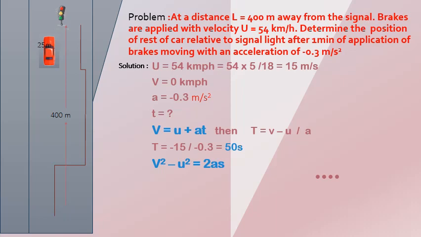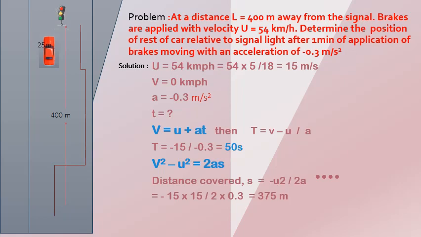So here s is equal to minus u square by 2a. Understand? Substitute the values, then what you will get is equal to 375 meters. So before reaching the red signal, it stops after 375 meters only.